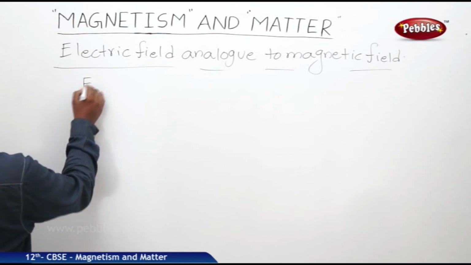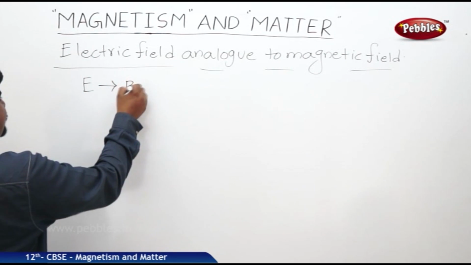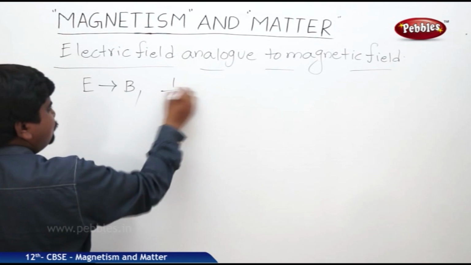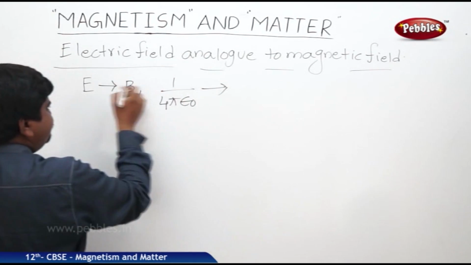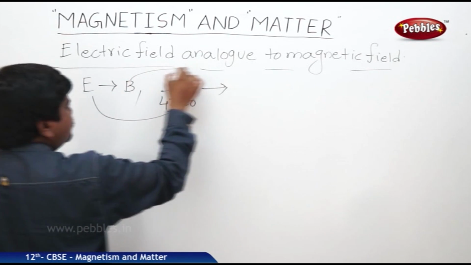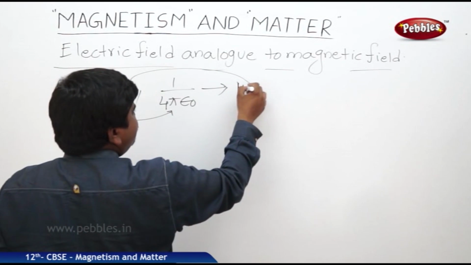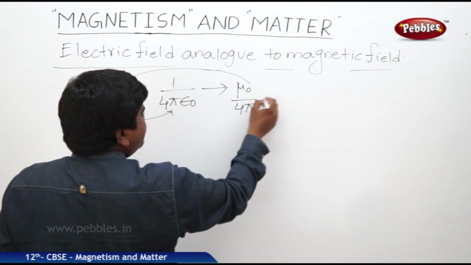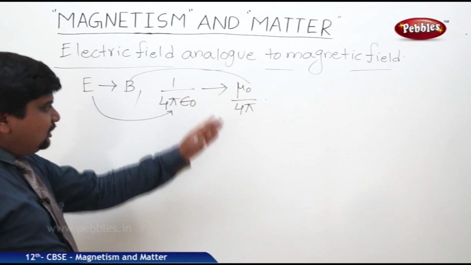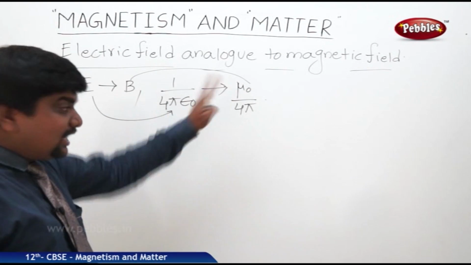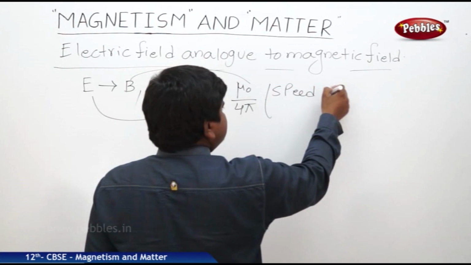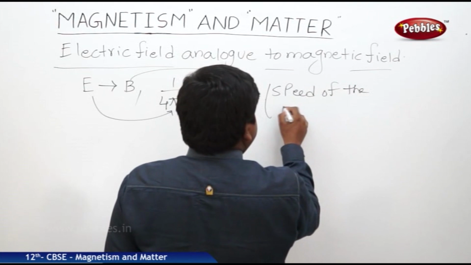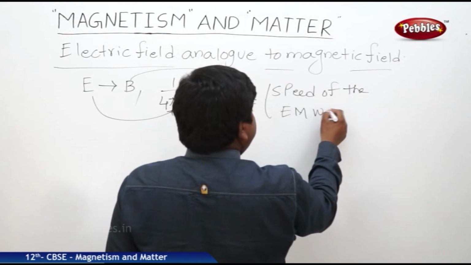If you see the analogy E to B, in electric field it is 1 by 4 pi epsilon naught, but in magnetic field it is mu naught by 4 pi. By this analogy we can also find out the speed of the electromagnetic wave.